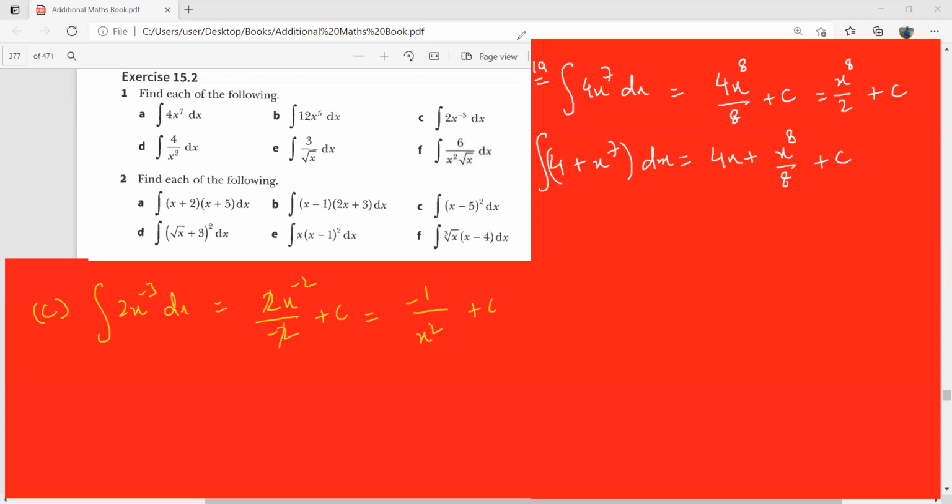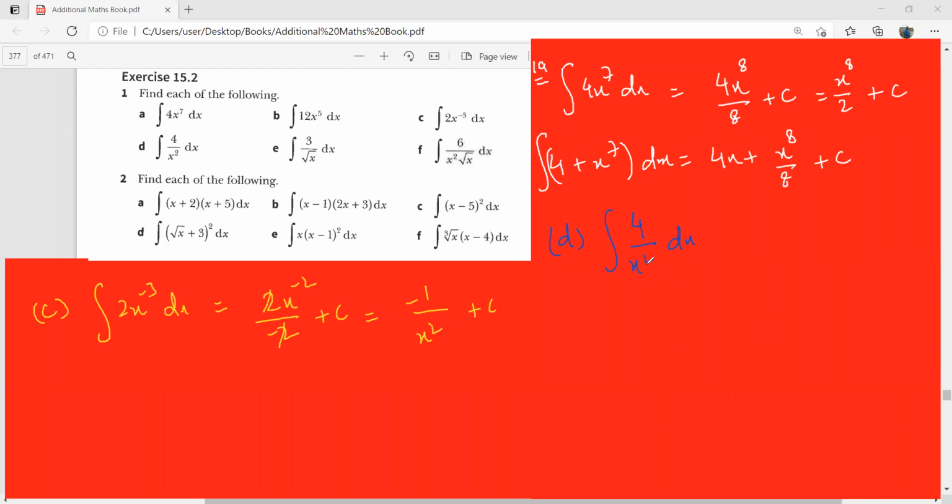Now you look at the D part now, bacho. This D part is 4 over x squared. Remember, you should have been told in your differentiation that you are not allowed to differentiate anything in the denominator. Similarly, you will not be integrating any expression which is there in the denominator.